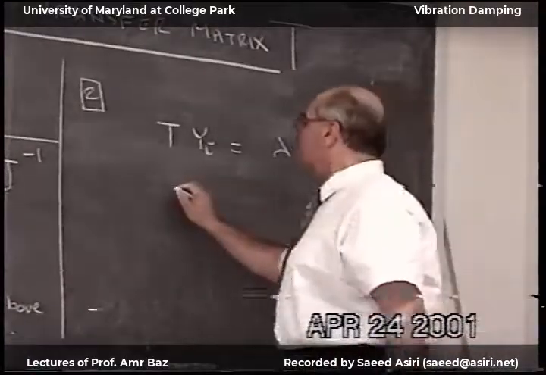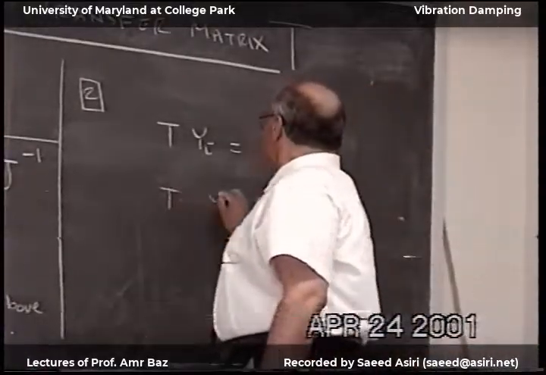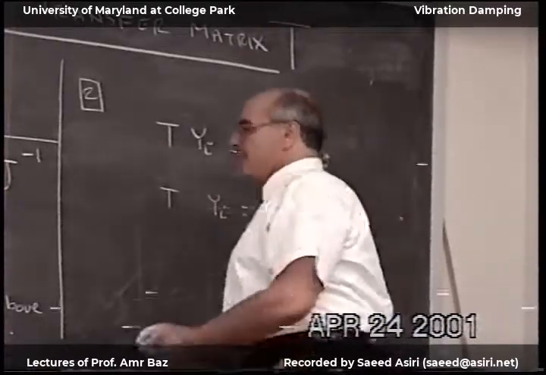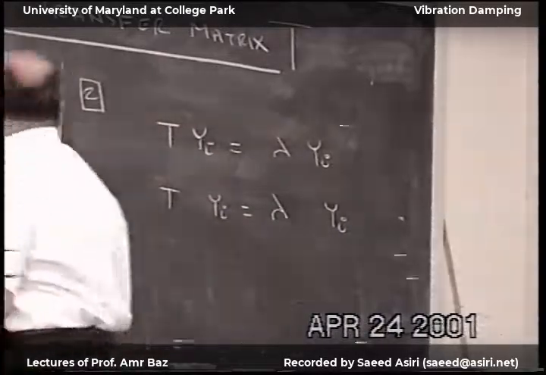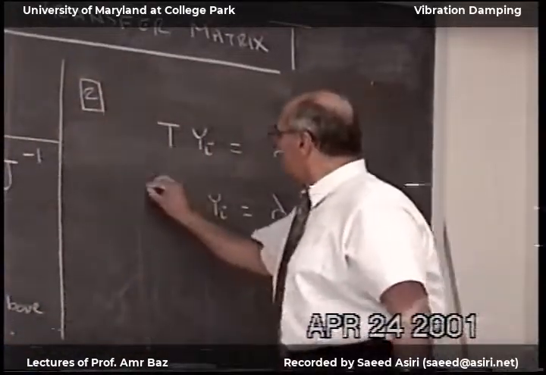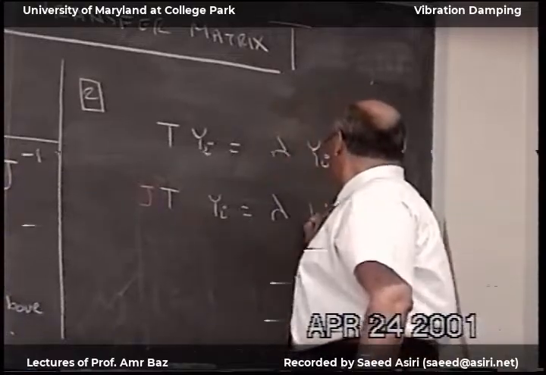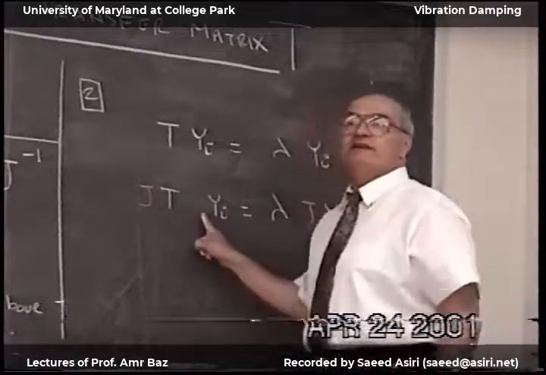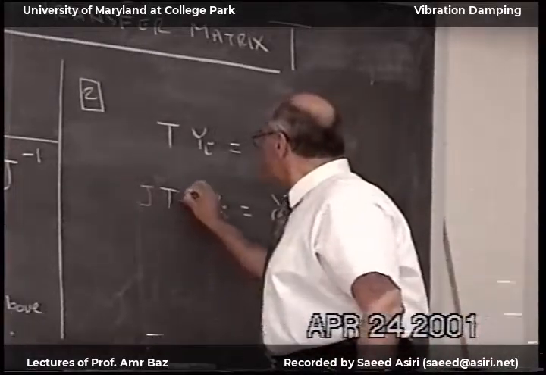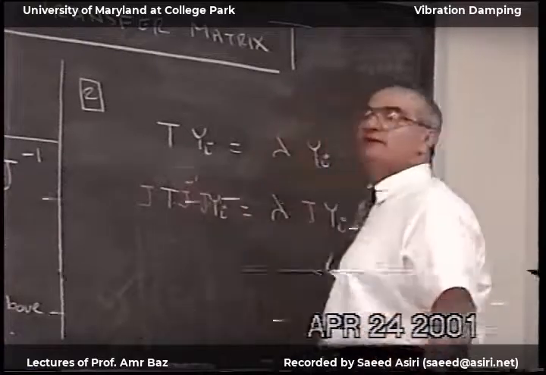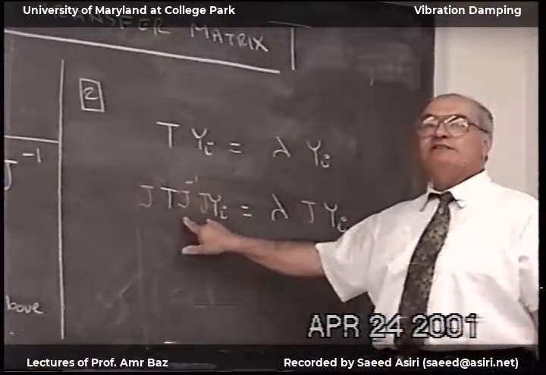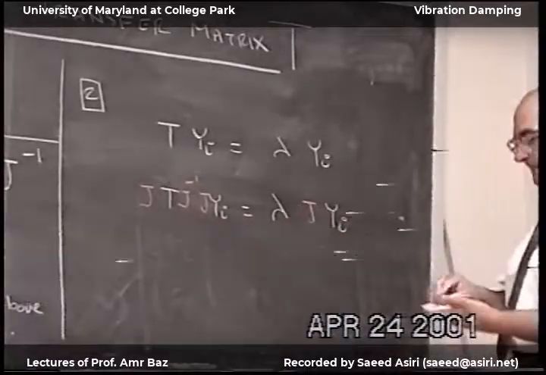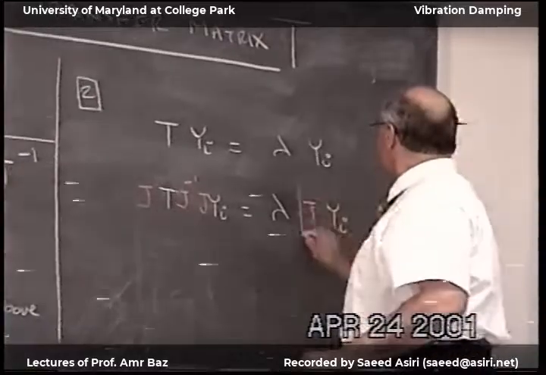So I'm going to rewrite this like this: T y_i, and I'll multiply here by J and here by J. And in the middle here, I'll put J inverse and J. So these two are identity matrix. This is right here.